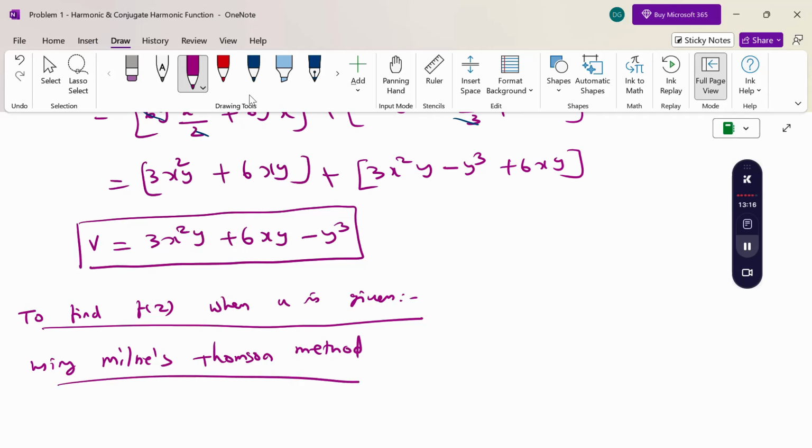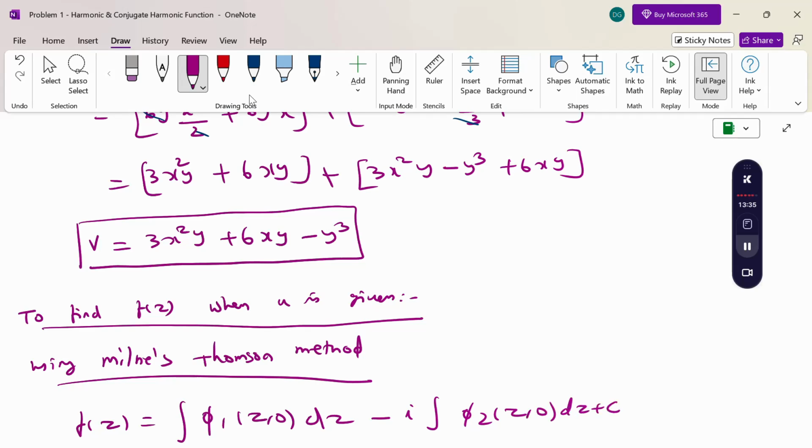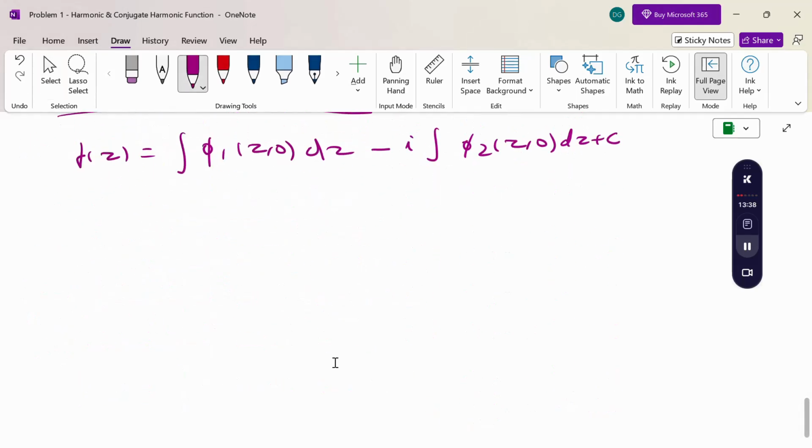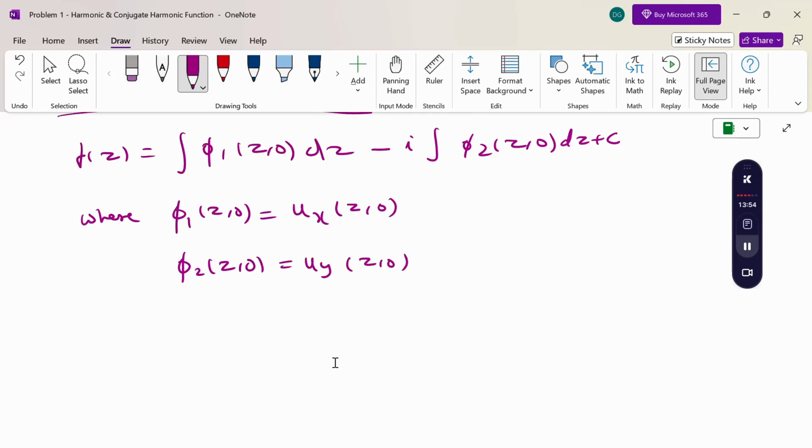So what is the Milne-Thomson method? F of z equals integration of phi 1 of z comma 0 dz minus i into integration of phi 2 of z comma 0 dz plus the constant, where phi 1 of z comma 0 is ux with x replaced by z and y replaced by 0, and phi 2 of z comma 0 is uy of z comma 0.